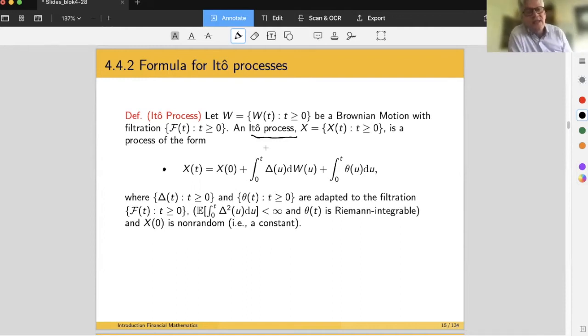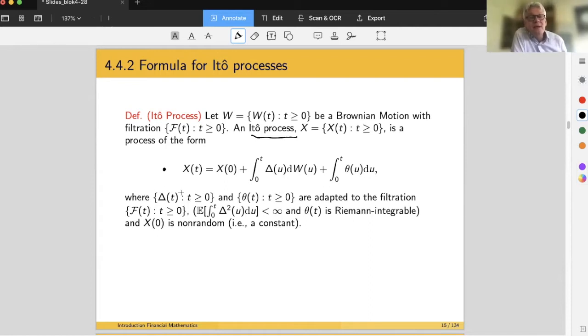So here we see the Ito integral appearing. And we have X0, we have this process here with the stochastic integral, and we have another regular integral here, an integral over the time axis, du in fact.